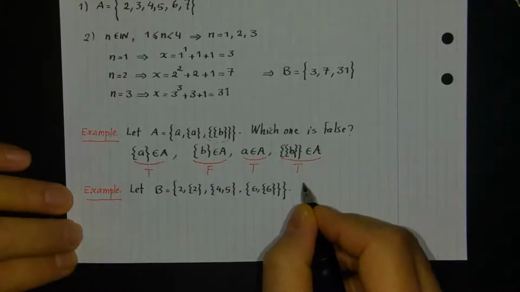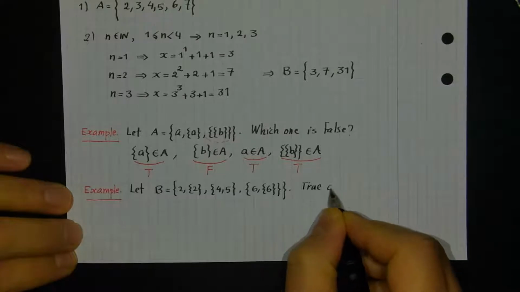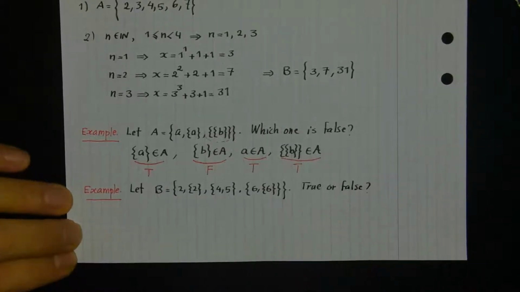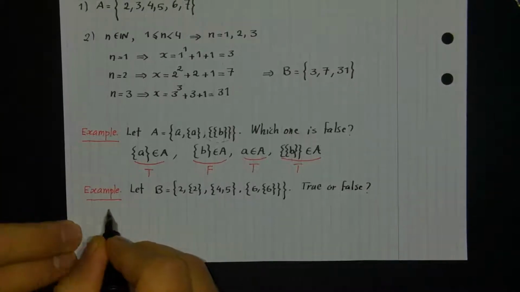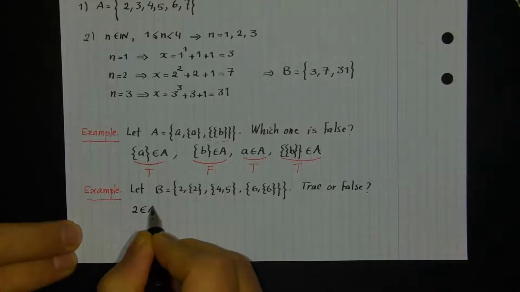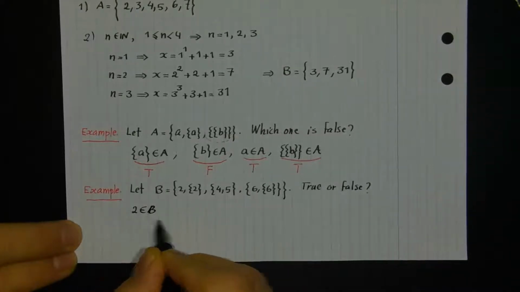Okay, true or false? Let me make it simpler. True or false? So I will start writing them. You can start doing it yourself. So 2 belongs to B.